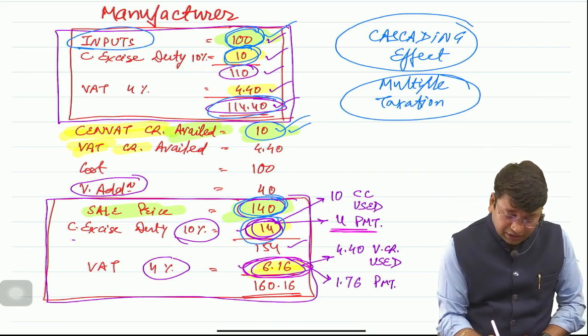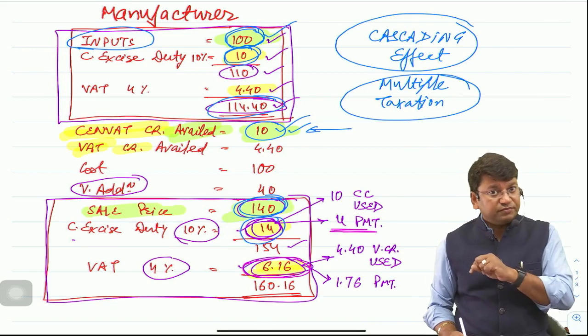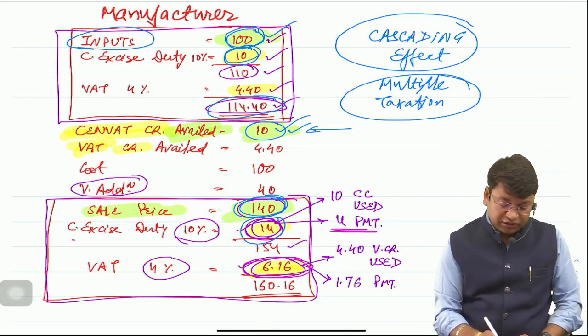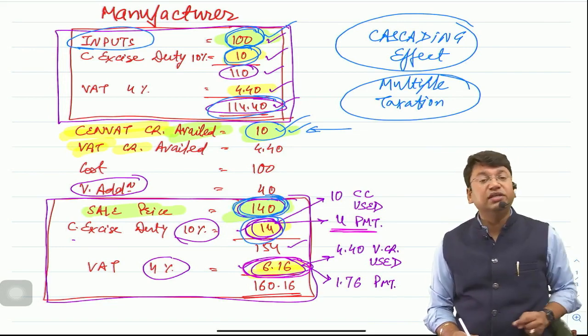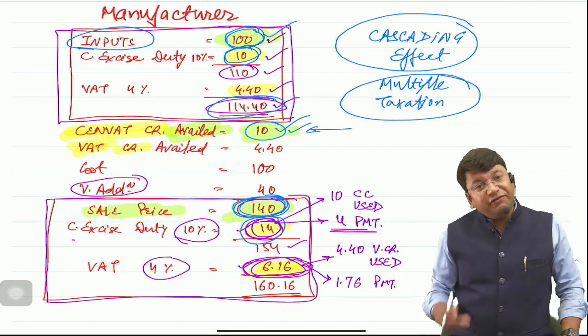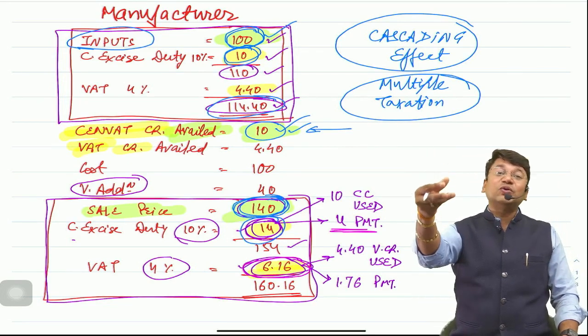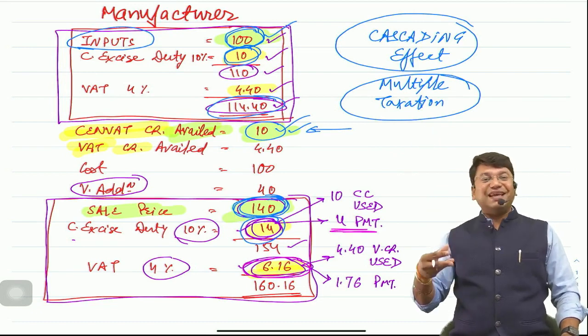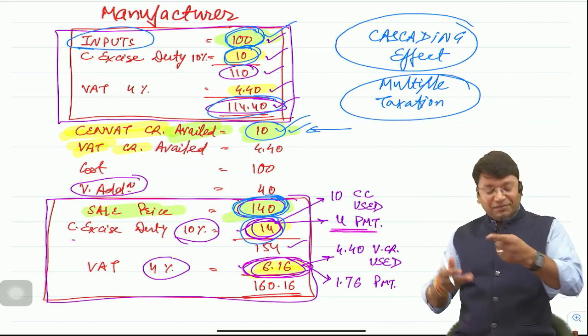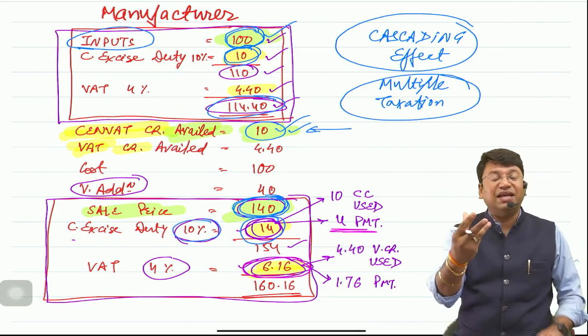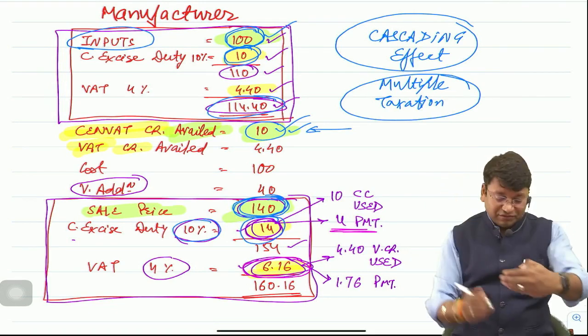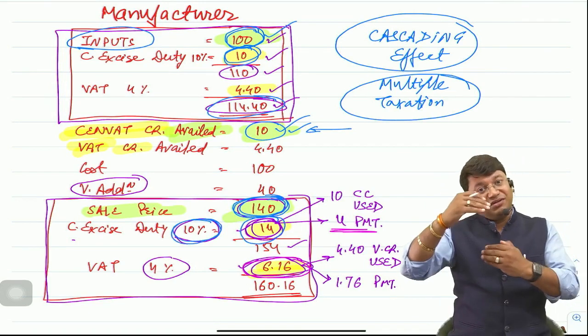So ultimately this 10 will form part of cost. And if it is forming the part of cost, then again it will be included in the sale price. The amount of excise is also included in the sale price. And on that sale price, if again 10% will be charged, then excise duty on the sale will be charged on amount of excise also.